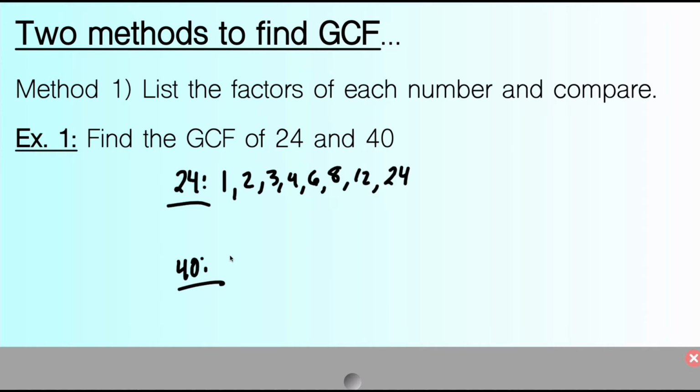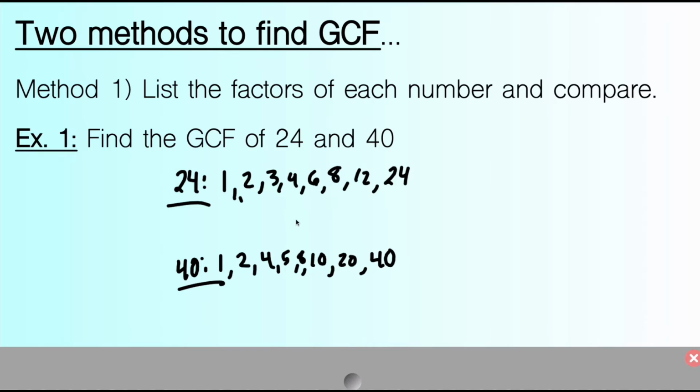Then I've got to list all the factors for 40. 1 and 40, 2 and 20, 4 and 10, and then 5 and 8.